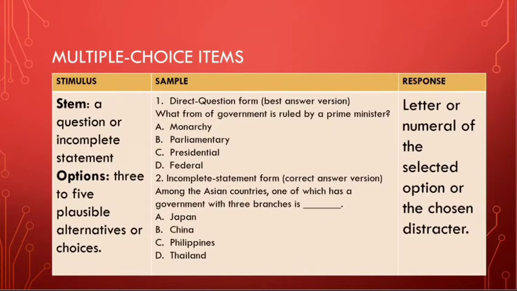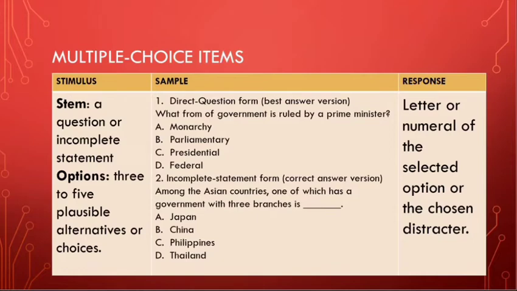As in our example, in the direct question form of a multiple choice item, the question will be in this way: What form of government is ruled by a prime minister? That is our stem, which is a direct question.